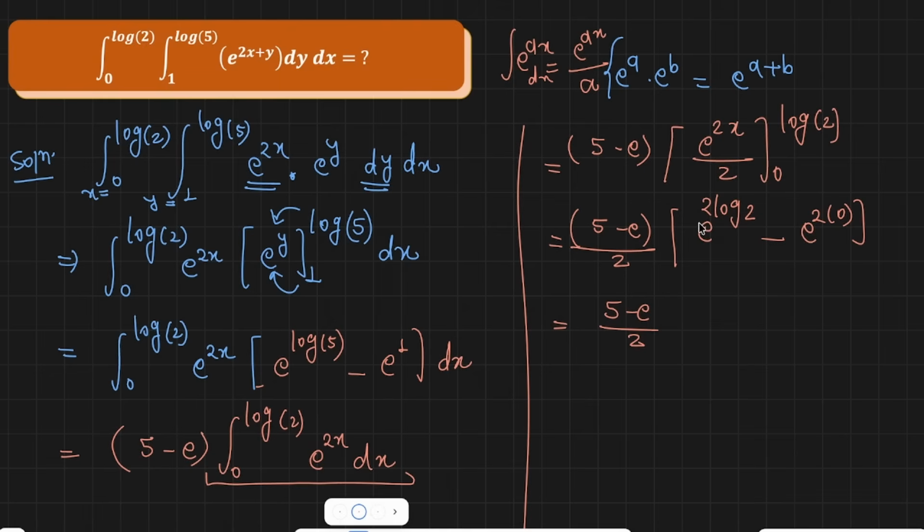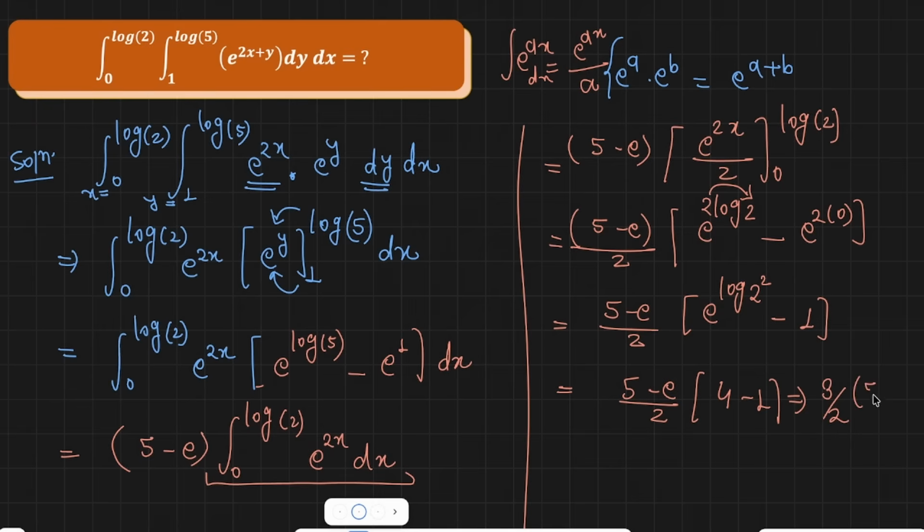This will be e to the power of log of 2 square, see, this 2 I can take as square, minus e to the power 0 will be 1. Now e and log cancel, so it will be 5 minus e divided by 2, times 4 minus 1. So your final answer will be 3 by 2 times 5 minus e. This is your correct answer.